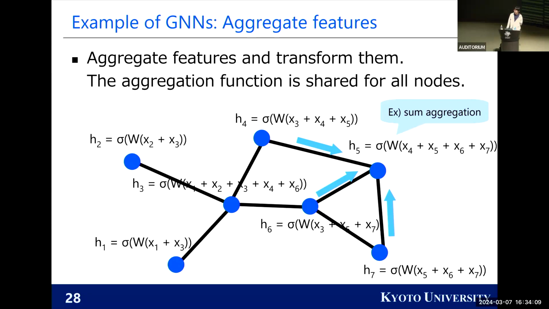That's basically because we want to generalize to unseen nodes, we do not want to blow up the number of parameters in GNNs, and we also want to align the space of hidden features for all nodes. So basically the same procedure is done in all nodes in parallel, updating the states of all nodes.